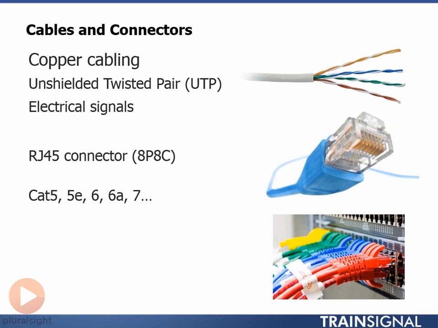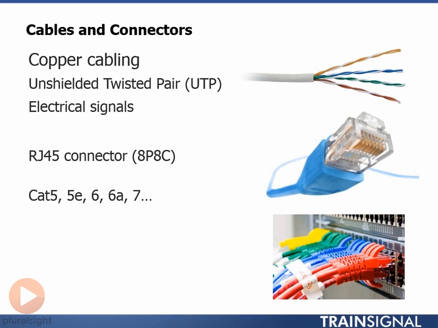And because category is such a mouthful, we almost always shorten it to CAT. So we end up with Cat 5, Cat 5E, Cat 6, Cat 6A, Cat 7. Much easier and way less wear and tear on the old vocal cords.